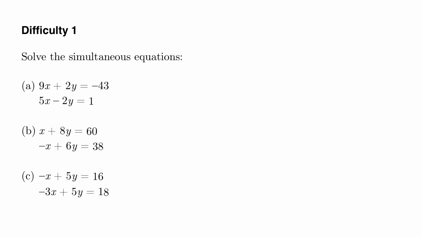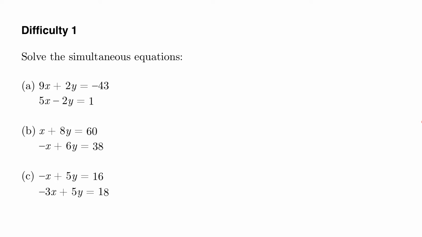Let's start with the first one. We have 9x plus 2y equals negative 43 and 5x minus 2y equals 1. Now, this is a relatively easy question because what we've got in this case is a pair of coefficients of one of the unknowns that are equal but opposite.